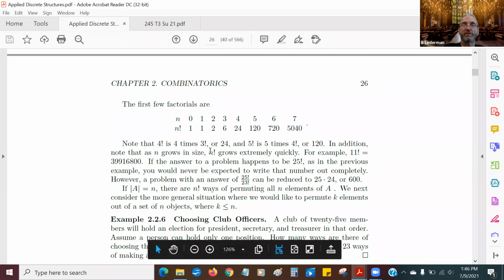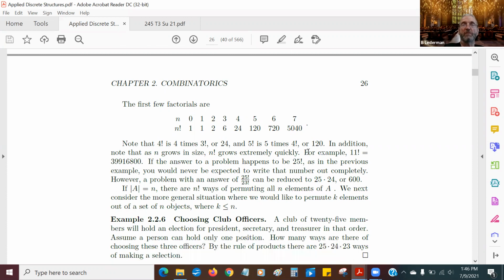Notice that 4 factorial is 4 times 3 factorial, 5 factorial is 5 times 4 factorial, and so on and so forth. And 11 factorial is, wow, 39,916,800. That's a big number.